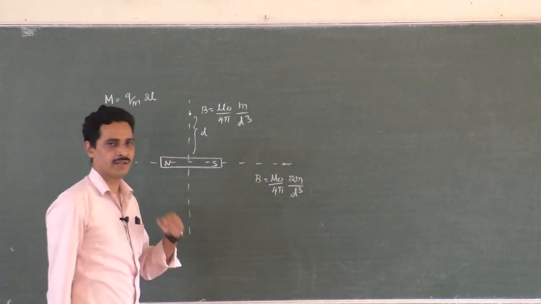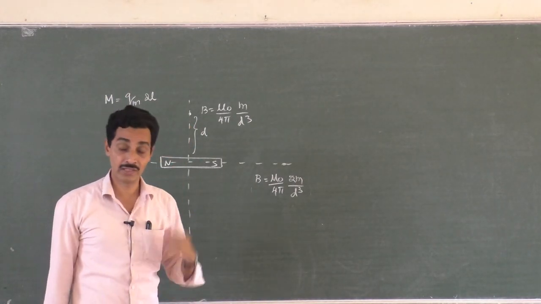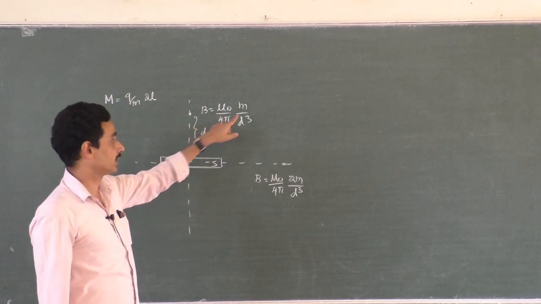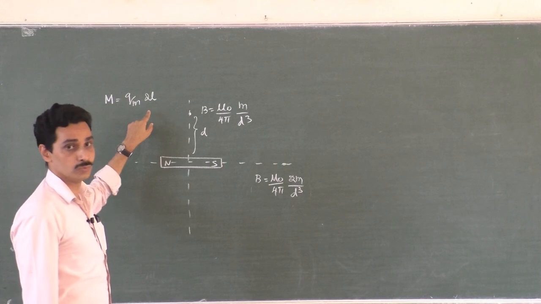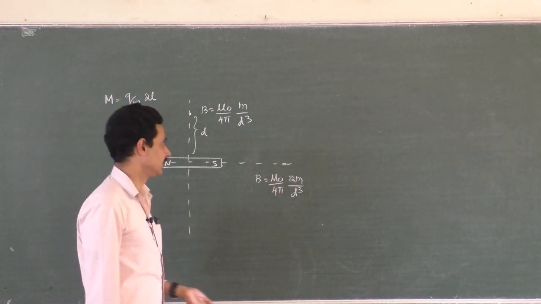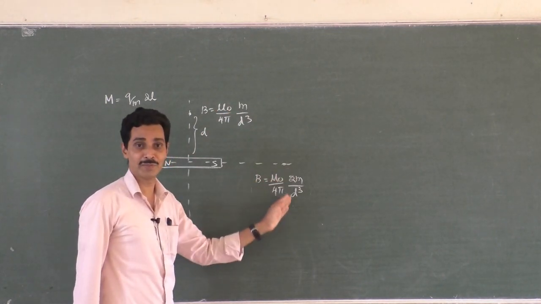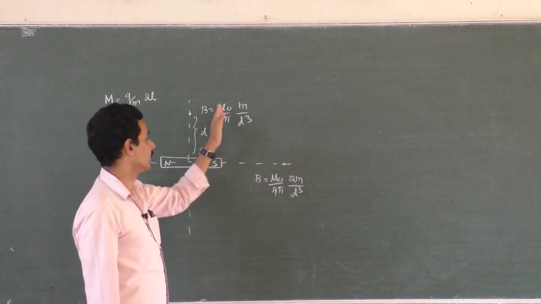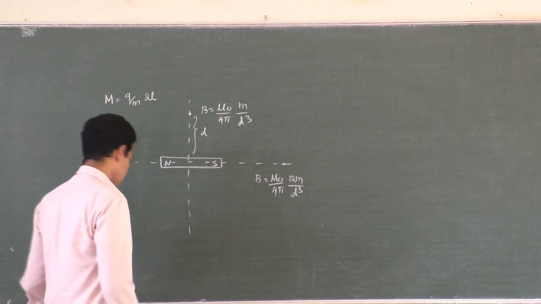Whereas in the case of an electric dipole, the electric field at any point on the axial line is 1 by 4 pi epsilon naught, 2p by r cube, and on the equatorial line it is 1 by 4 pi epsilon naught, p by r cube, where p is 2a into q. Whereas here it is mu naught by 4 pi into 2m by d cube. So that is the magnetic field.